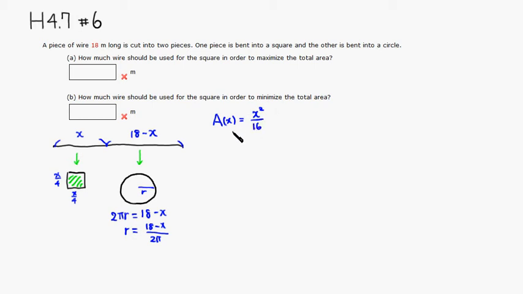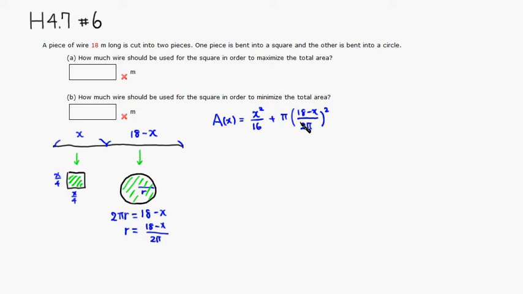And the area for the circle is pi r squared, so it's going to be plus pi, and the radius we just found to be 18 minus x over 2 pi, squared. Right, so we have that.